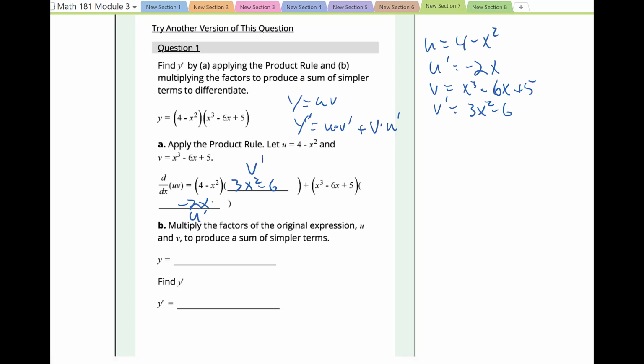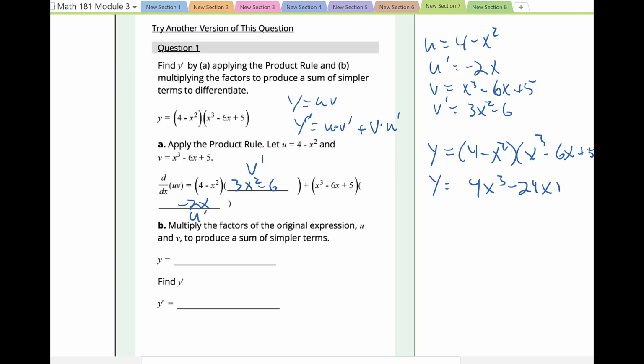What they want us to do in part B is to come up with our y if it's distributed. So if you look at y as being the 4 minus x squared times x cubed minus 6x plus 5, y would equal 4 times x cubed is 4x cubed. 4 times minus 6x, so it's minus 24x. 4 times 5 is plus 20.